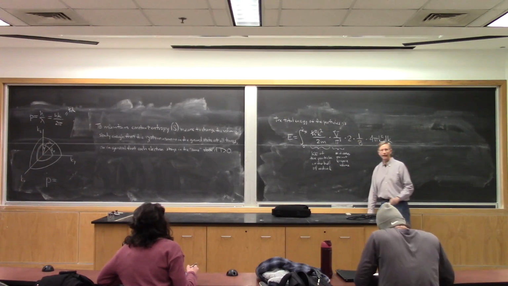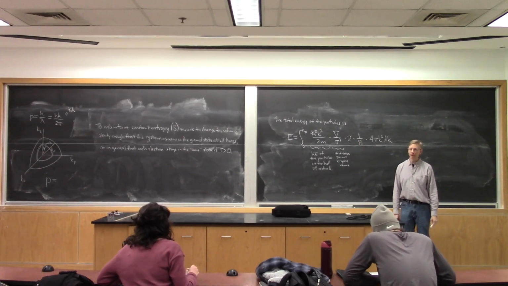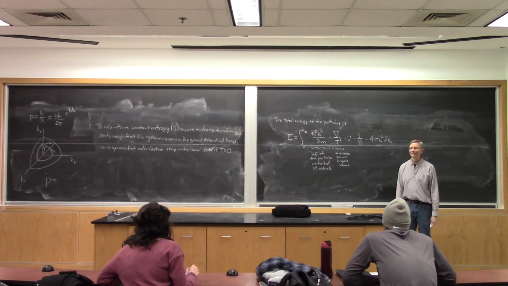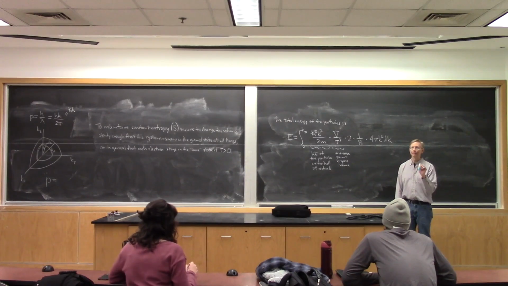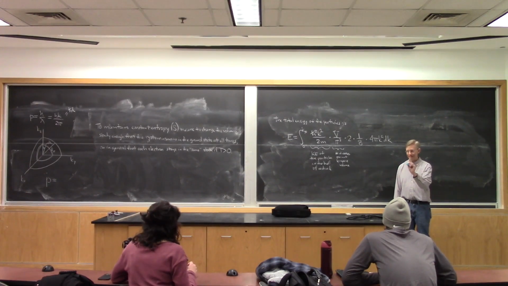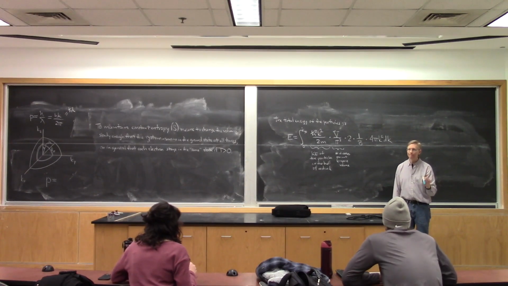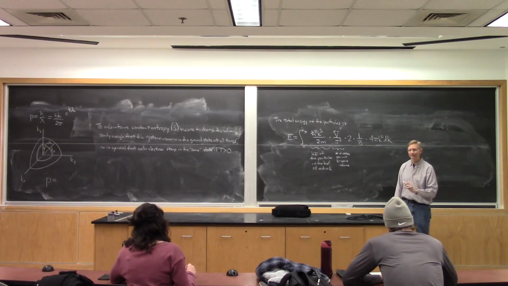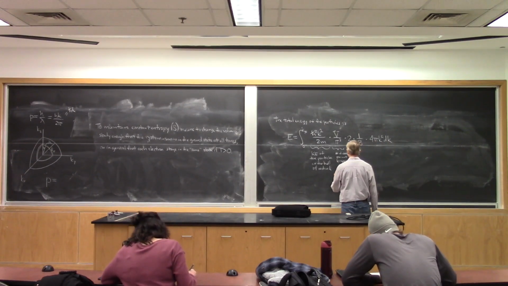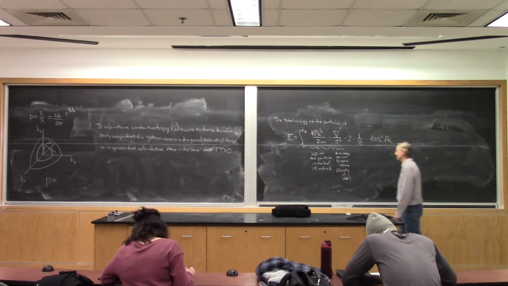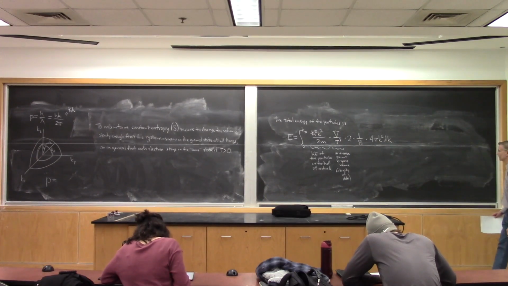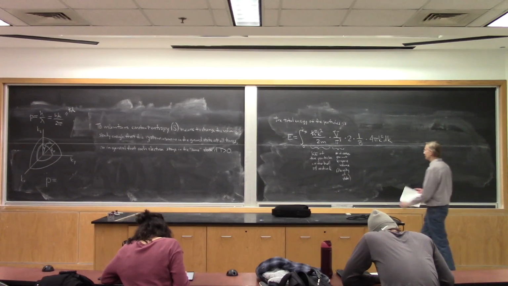What's another name for that? It's the density of states. Density of states, right? So if we just say density of states, what we need is the number of states per unit volume of k space, per unit k space volume.